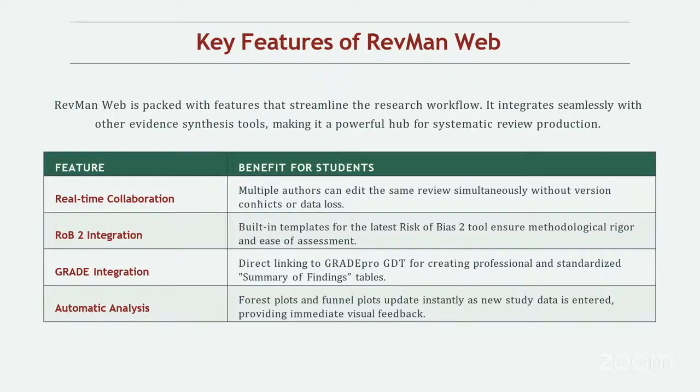The second one is the risk of bias tool integration. It's a built-in template for the latest risk of bias tool to make assessment easier. The third one is GRADEpro for creating professional summary of findings tables.